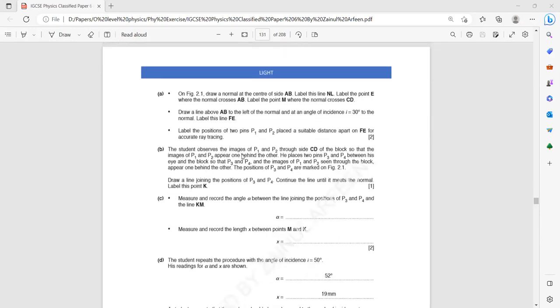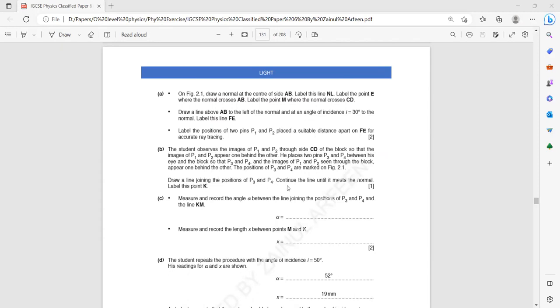The student observes the images of P1 and P2 through the sides C and D, so that the image of P1 and P2 appear one behind the other. And he places two more pins, P3 and P4.